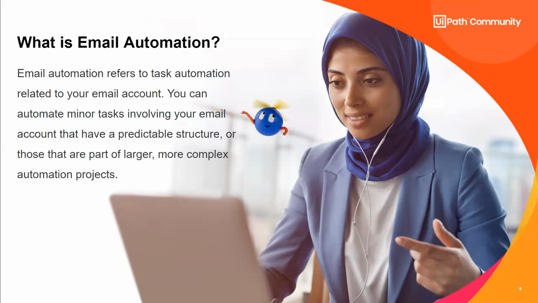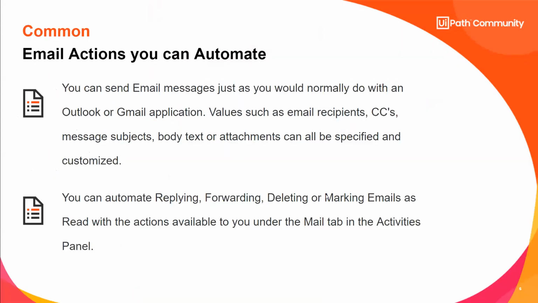So you can automate minor tasks that involve your email accounts. And these tasks should, as we've said from the beginning, have a predictable structure. It means that there's a sound, concrete logic behind what happens step to step as you go through the email task. And from simple task automation to much more complex ones, we can use Studio X to automate our emails.